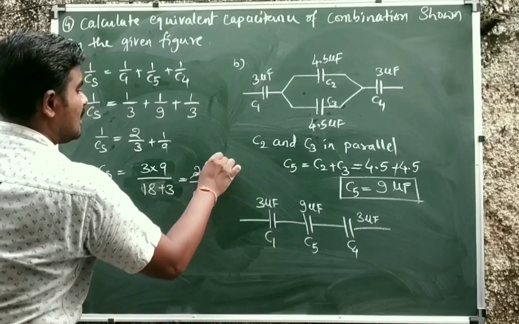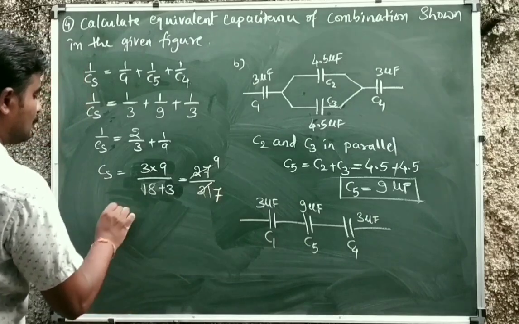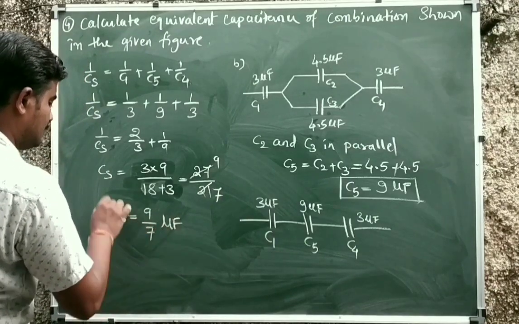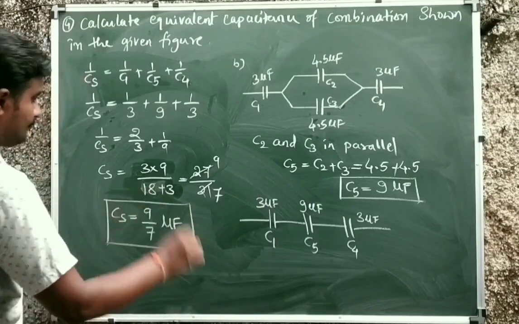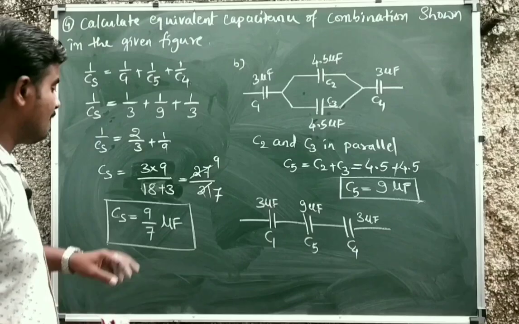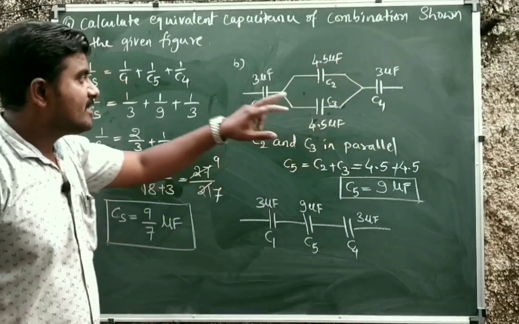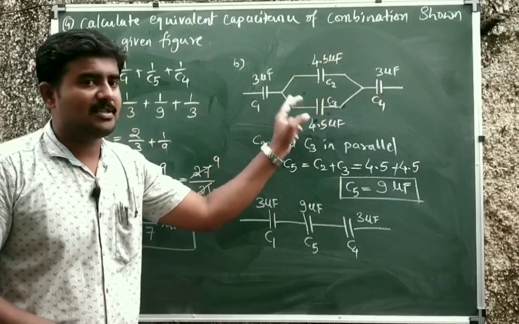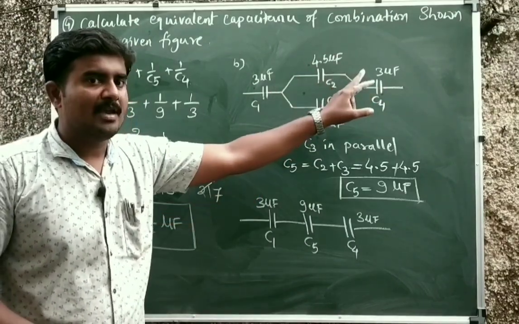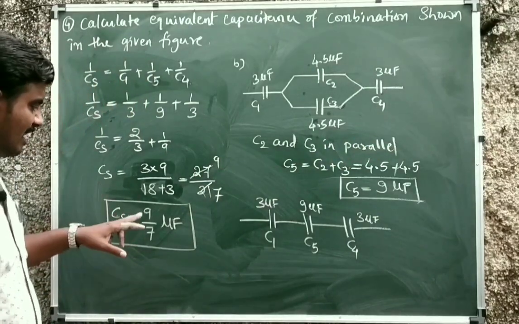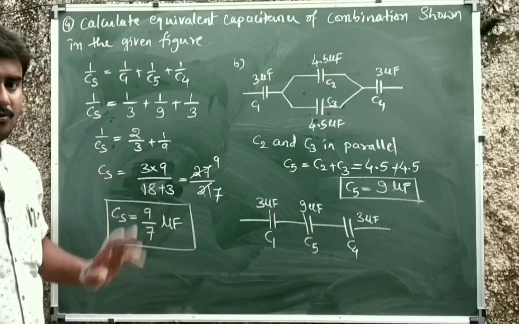So 3 9s are 27, 3 7s are 21. So Cs is equal to 9 by 7 microfarad. This is the equivalent capacitance of this combination. Instead of connecting 3, 4.5, 4.5, 3, 4 capacitors having certain values, we can connect only one capacitor having value 9 divided by 7 microfarad.